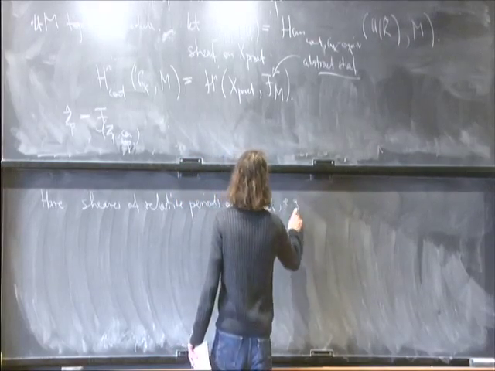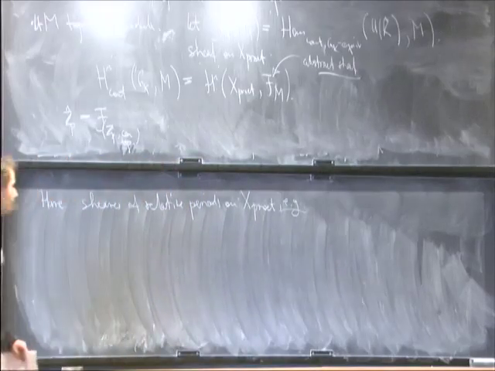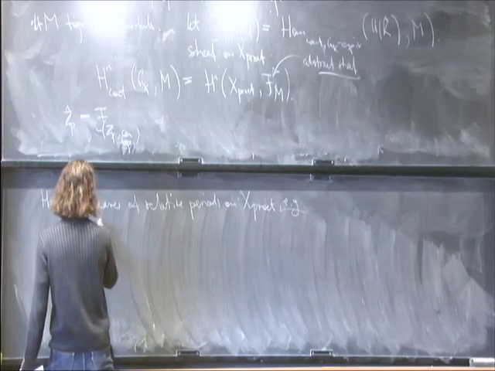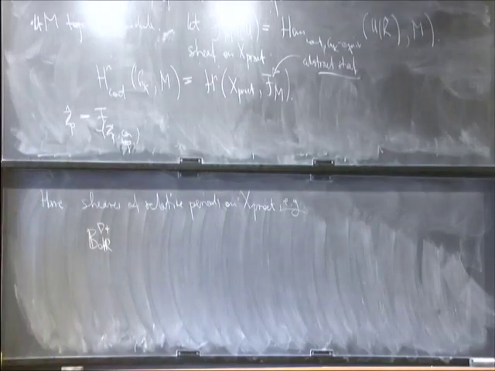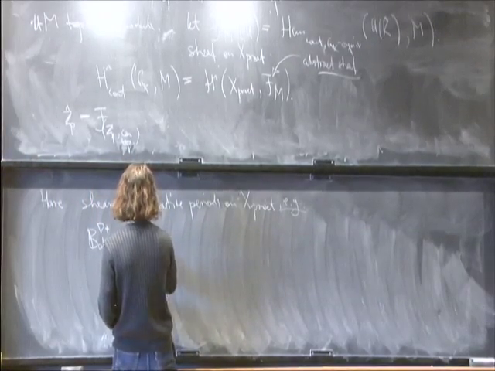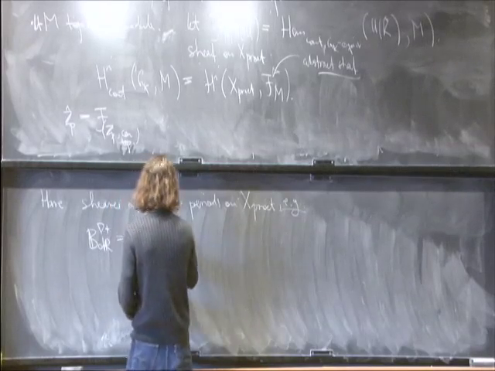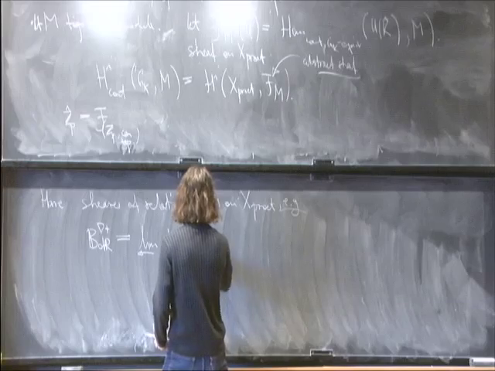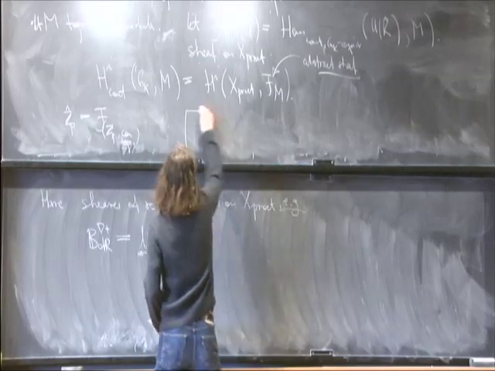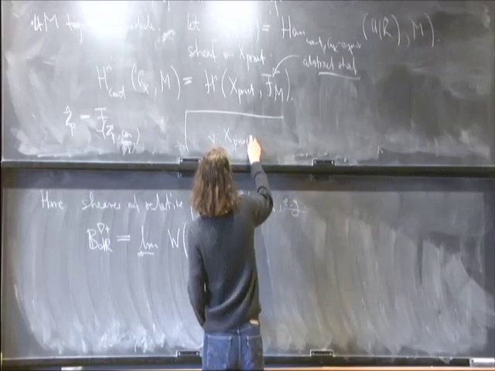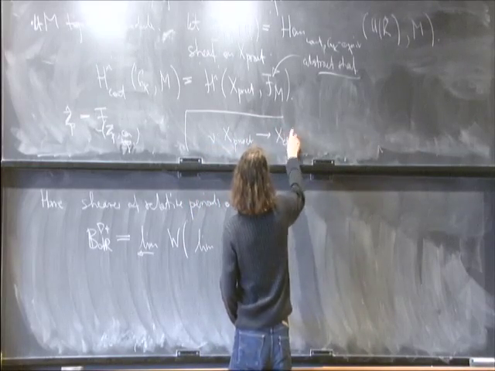So for example, there's a sheaf which is called B_dR nabla plus, and you just adopt the usual definition. So you take the inverse limit of the Witt vectors of, I should also introduce the projection map from the pro-étale site to the étale site.